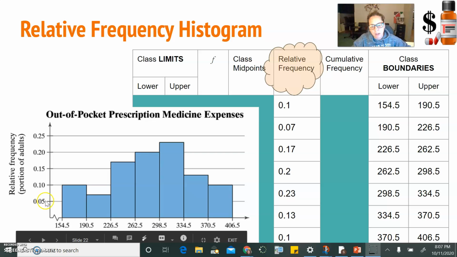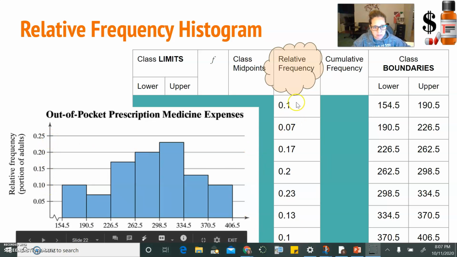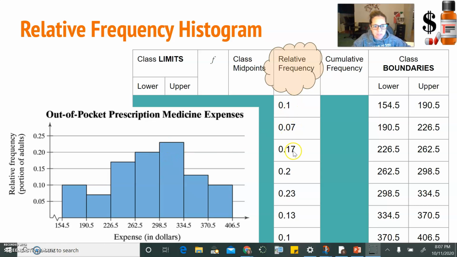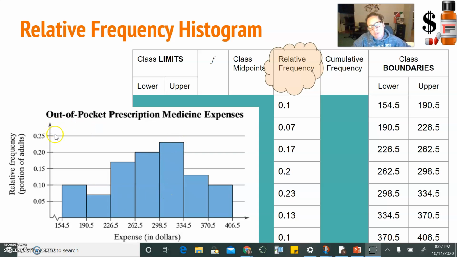So this 0.05 is basically 5%. This 0.10 is 10%. All the way up to the highest percent that works on here, and it only goes up to 23%. So this chart goes up to 25, but the bar just doesn't reach that high.